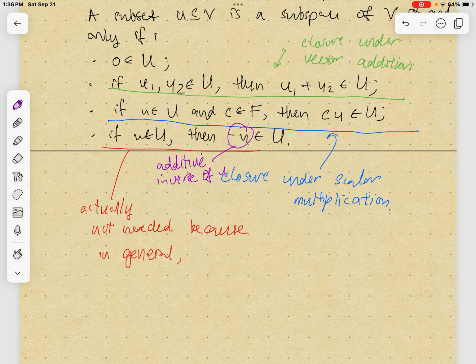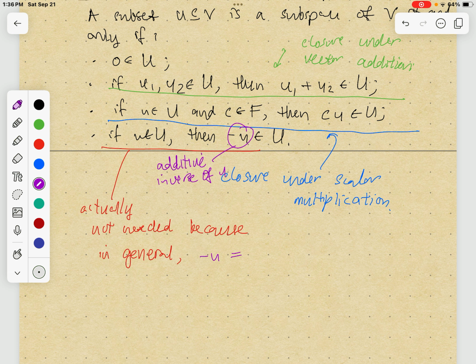But it turns out that in general, the additive inverse of u, right, is equal to negative 1 times u, negative 1 being the additive inverse of 1 in the field.